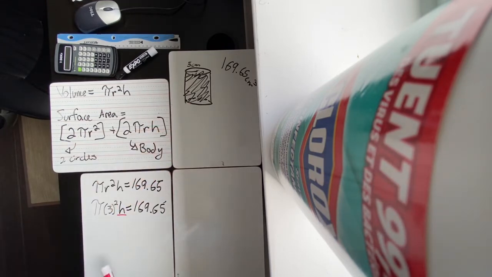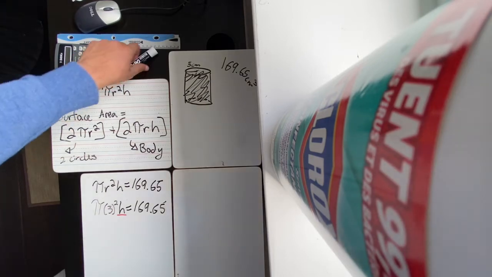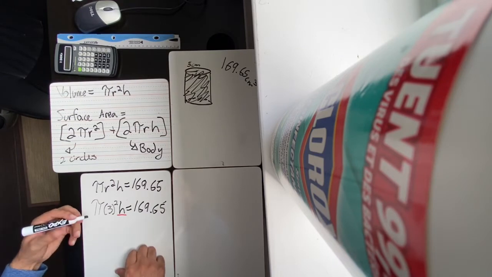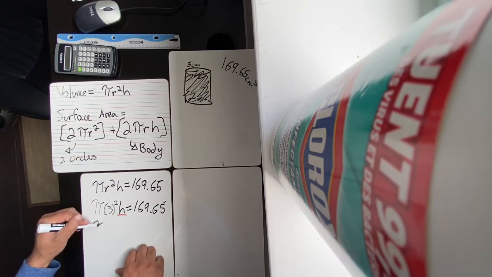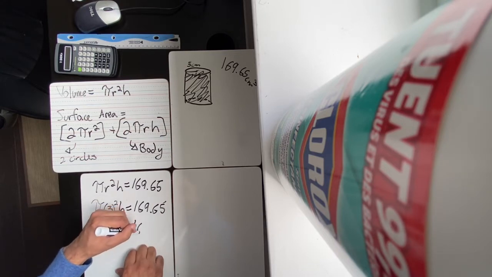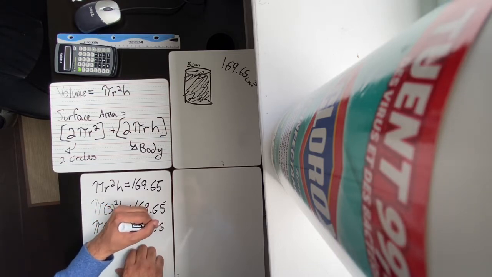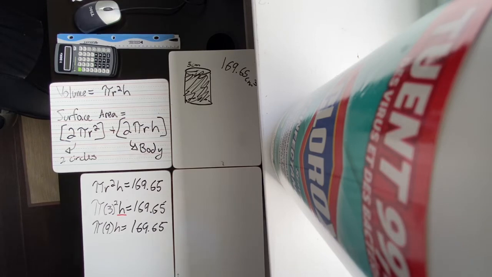So we've got to first simplify this 3 squared into 9. Just a really quick step. We know that 3 squared is 9, so pi times 9 times h equals 169.65. Now we can start the algebra process by slowly picking stuff out of this side. We'll start by removing this pi.